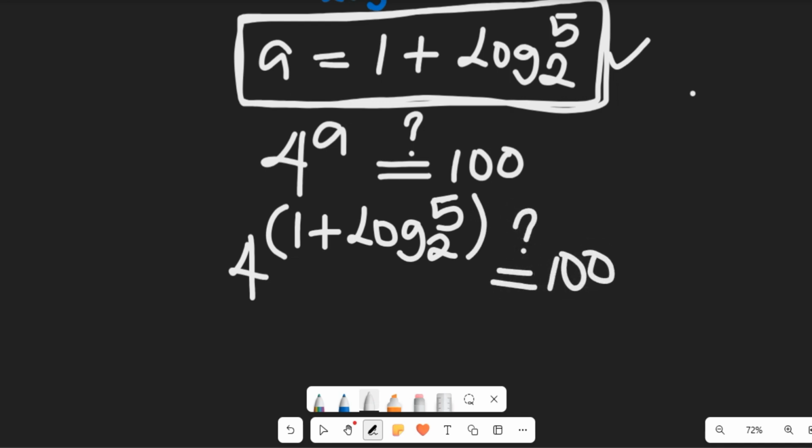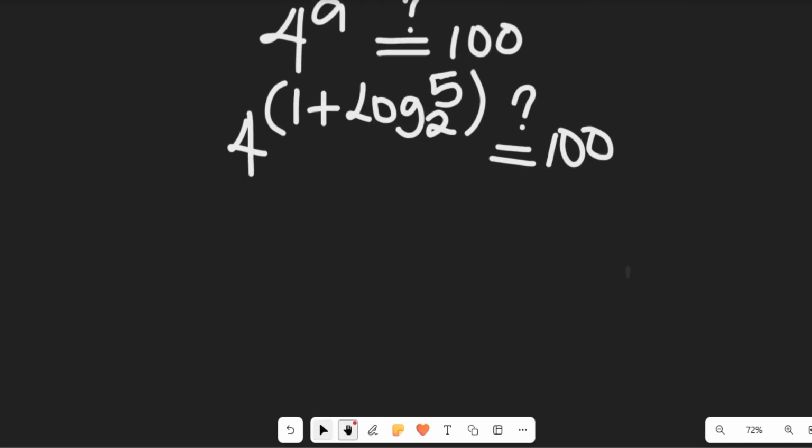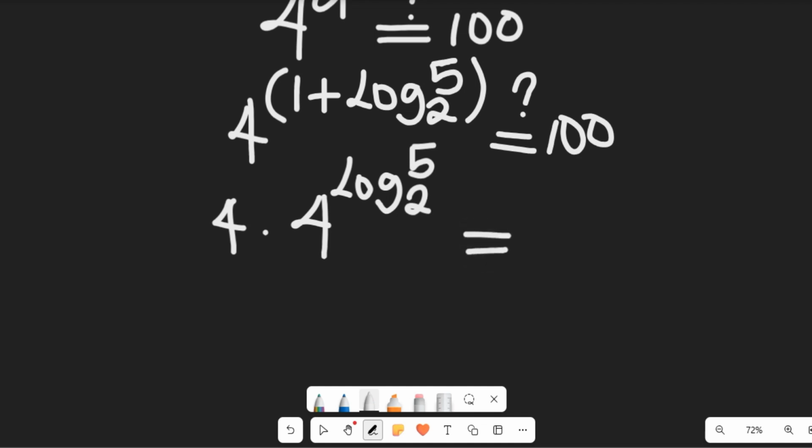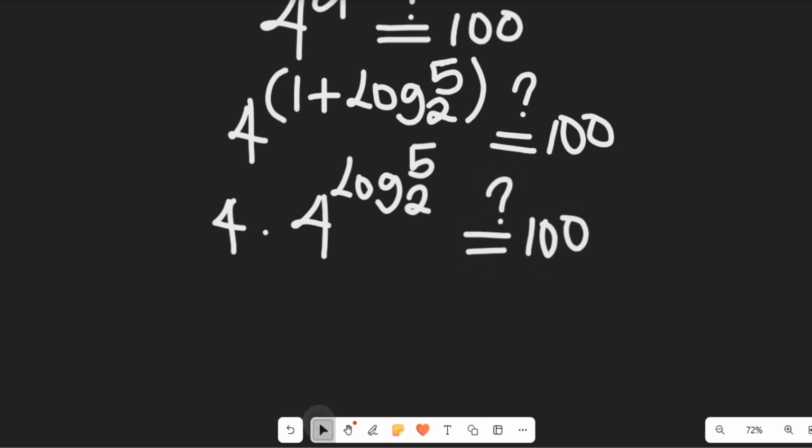Let's simplify that. If we simplify that, that is going to give us, recall the law of indices. From the law of indices, I can separate this to give me 4 multiplied by 4 to the power of log of 5 base 2, right? Now, will this be able to give me 100? Now let's look at this.